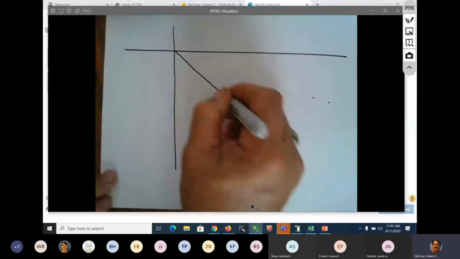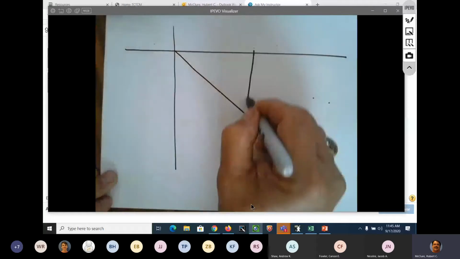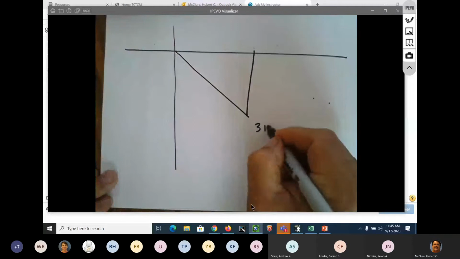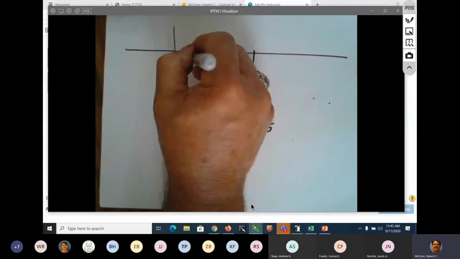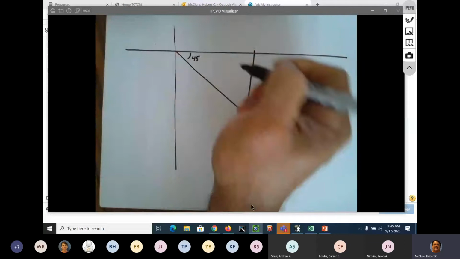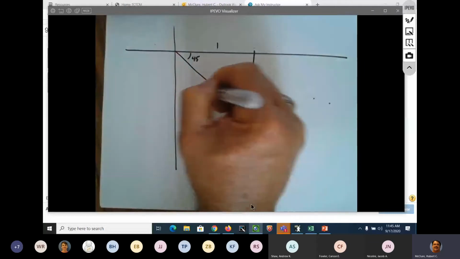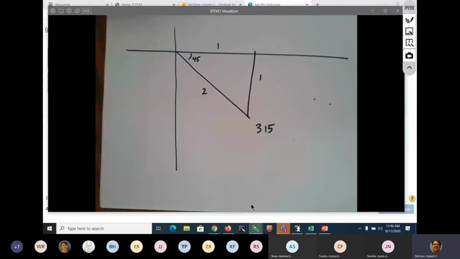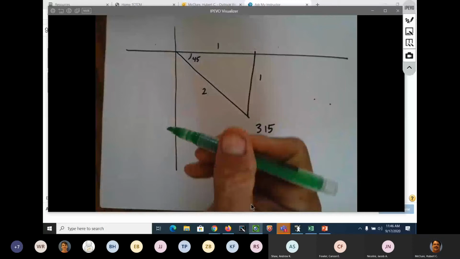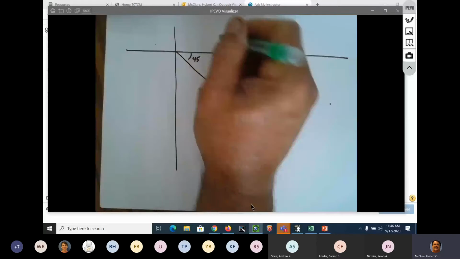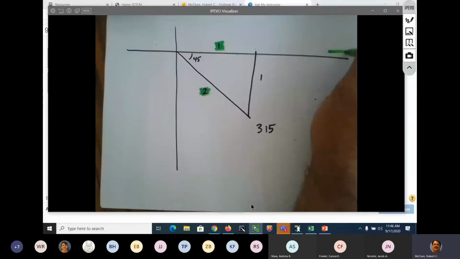And there is my Mr. 315. And that means he belongs to Mr. 45. So that's a 1, 1, root 2. We know that the hypotenuse is positive. And we know the adjacent is positive because it's going in this direction.